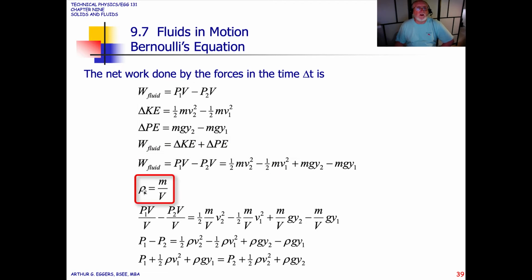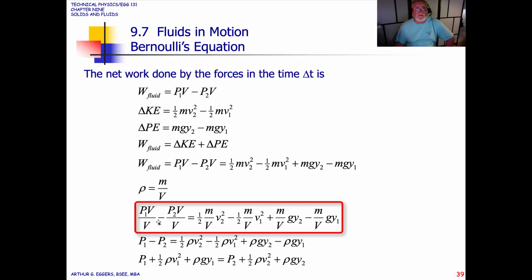If we go back to our definition of rho, then density is equal to mass divided by volume. Then we can say, let's divide everything through by volume. So from our expression up here, we have the pressure 1 volume divided by volume minus the pressure 2 volume divided by volume is equal to 1/2 mass over volume, velocity 2 squared, minus 1/2 mass over volume, velocity 1 squared, plus mgy2 divided by volume minus mgy1 divided by volume.